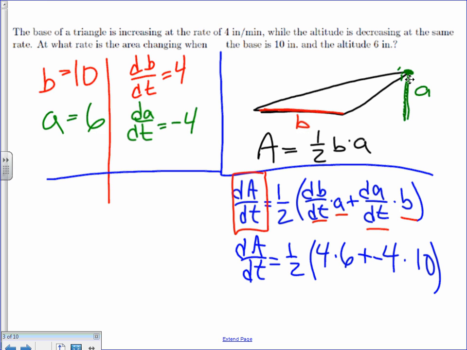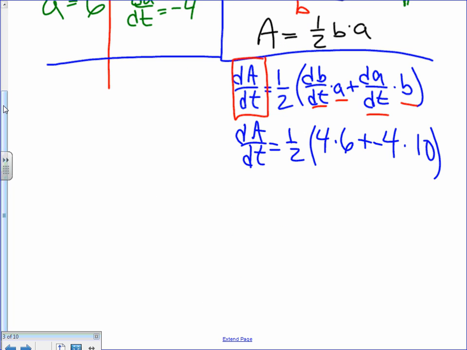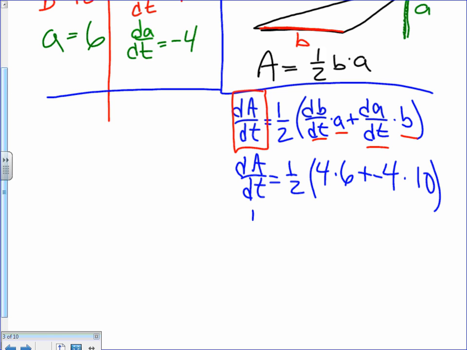All right, now all I have to do is simplify. So dA/dt is 1/2 times 4 times 6 is 24 plus -40 gives us -16. I think that's right. -16. So dA/dt is -8.